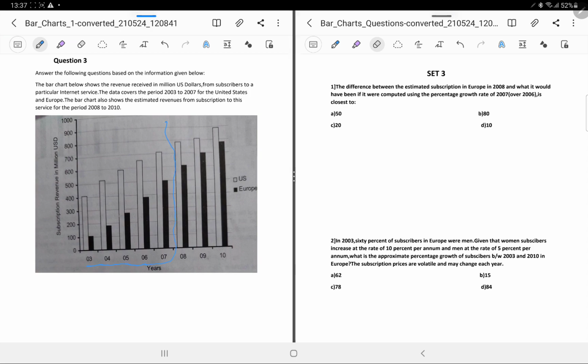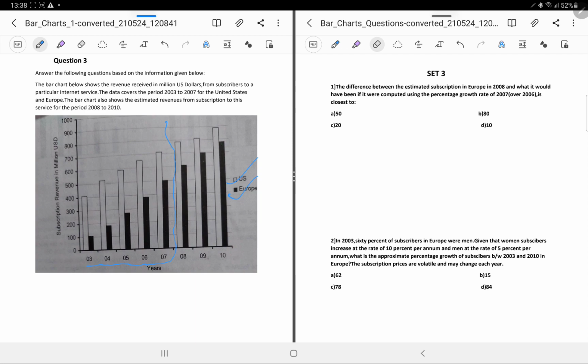They could have given two separate graphs, one for the USA and one for Europe, but they generally combine these and show the bar graph within one chart. That is why they are called combined, and you'll have a lot of questions even in line graphs based on a similar combination concept.